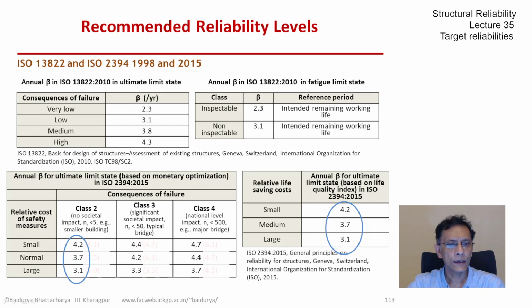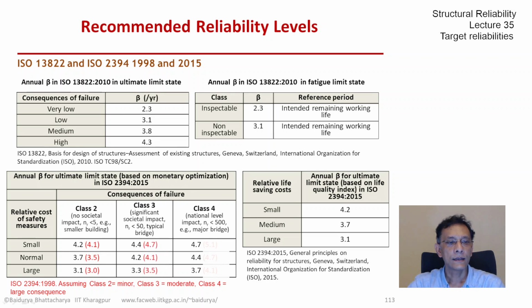Now, if we want to compare between different codes, let us take a look at 2394 of 2015 versus 1998, which we have seen before.